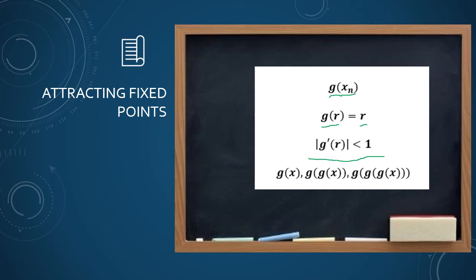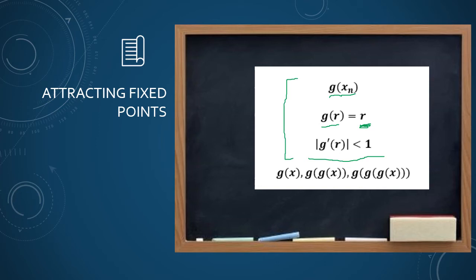Eventually, that converges to something. And if these conditions are met, then what that converges to is r. So that's a few definitions that we're going to need for the next few slides.